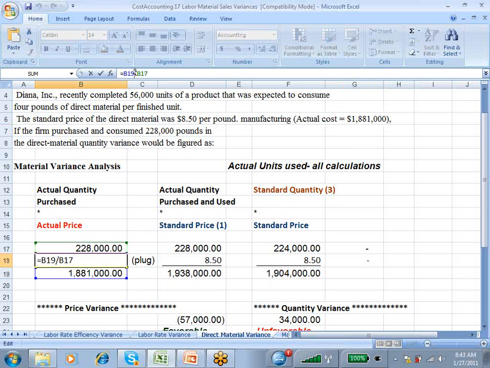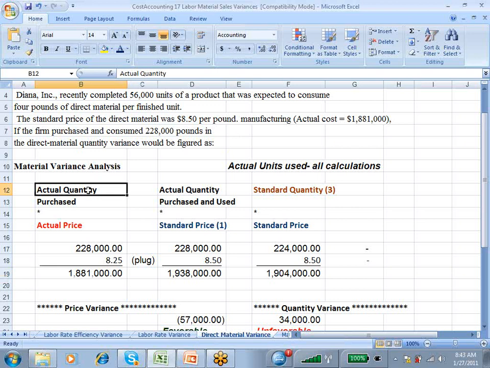Total cost divided by quantity used, quantity purchased, excuse me, $8.25. And I'll note one more thing on this question. You'll see on the far left I have actual quantity purchased. The description in the middle is for the same number, 228,000, but the title is actual quantity purchased and used. You may also see the term used or placed into production.